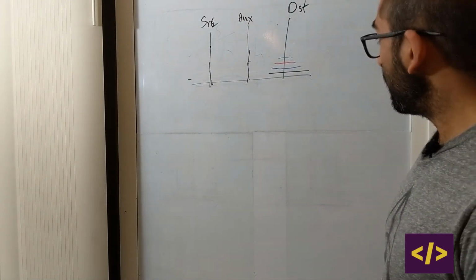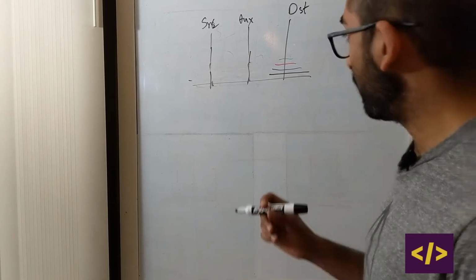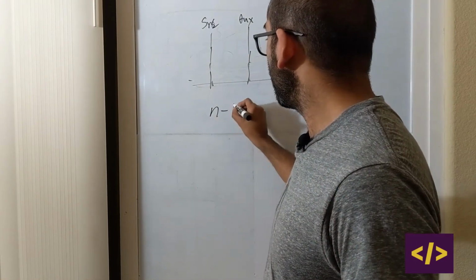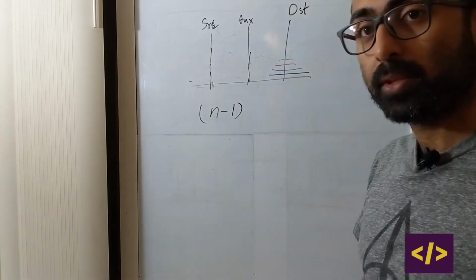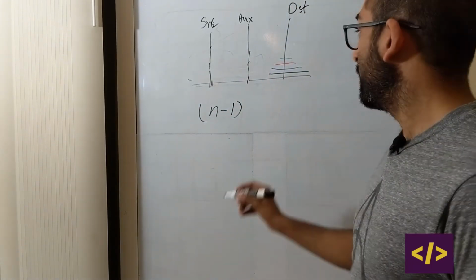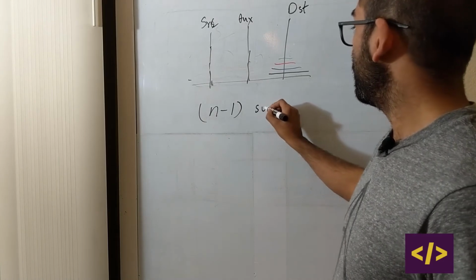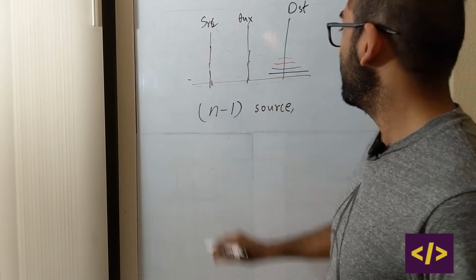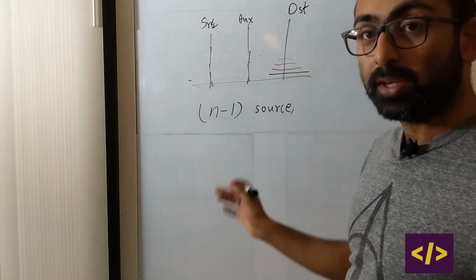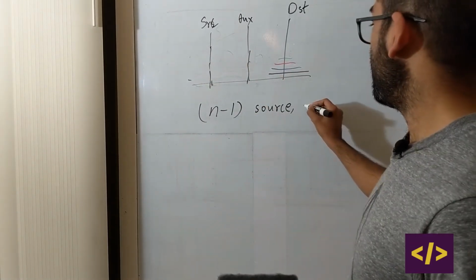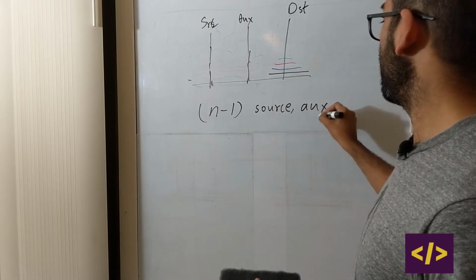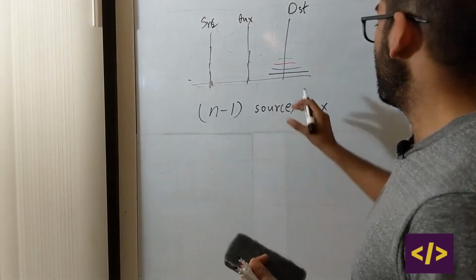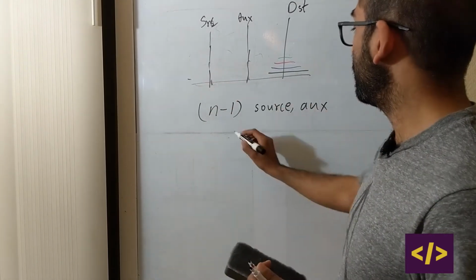So one thing that I might have forgotten to mention is that you're taking n minus 1 number of rings, taking it from the source, wherever we started from, and then we're going to put it in the auxiliary, right? Now where are all of these guys? They're all residing here.